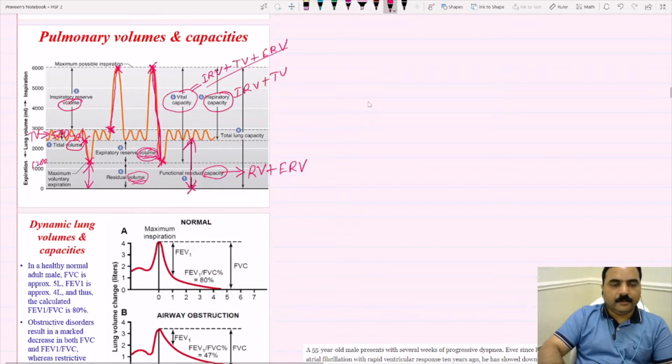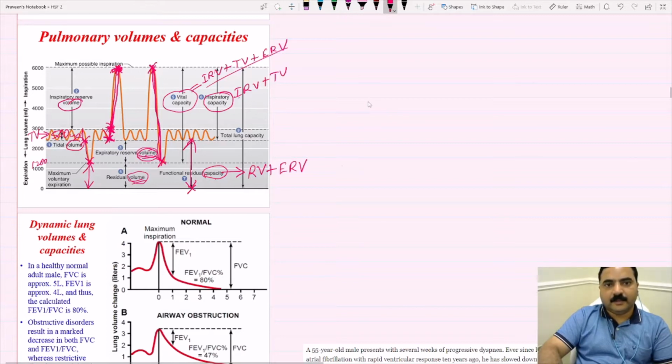If you want to define that, it is the volume of air that can be forcefully inspired in after the tidal expiration, from this point up to this point. After the tidal expiration, the volume of air that can be forcefully inspired in is called the inspiratory capacity.